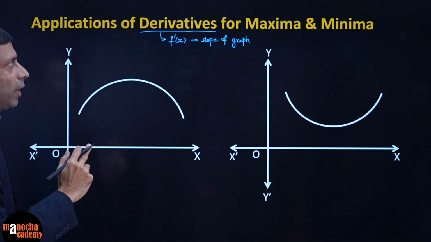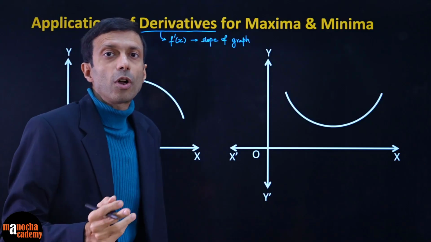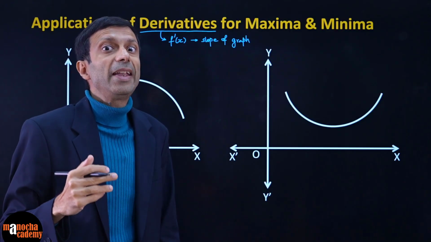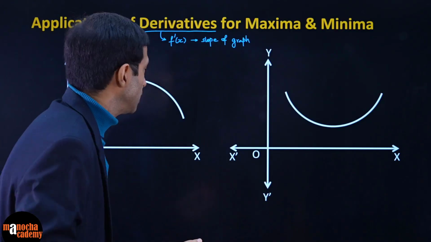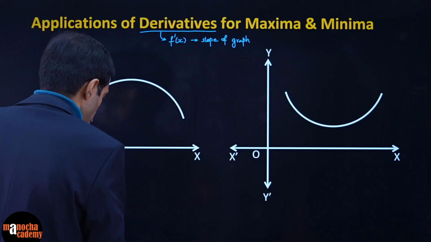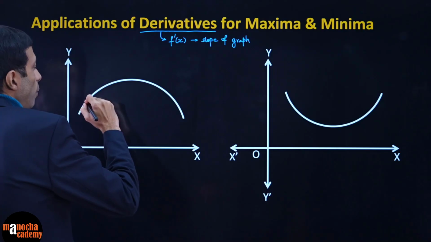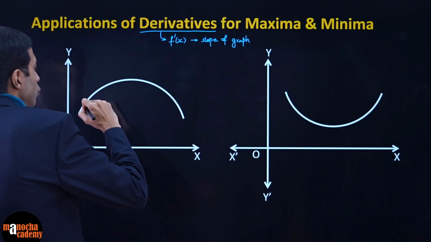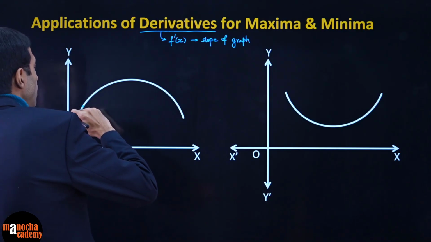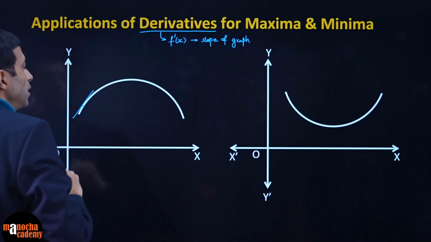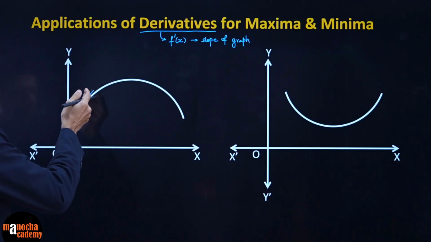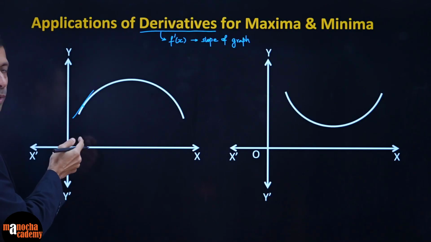Now, if we talk about f dash x, we are finding the slope. How do we represent slope? Let's say I want to find the slope at this point. Slope at this point means I will draw a tangent. This represents the slope, and from the angle it makes you can calculate tan theta.